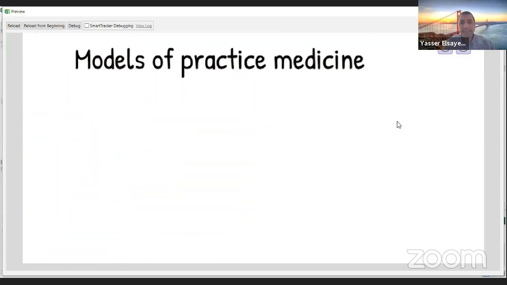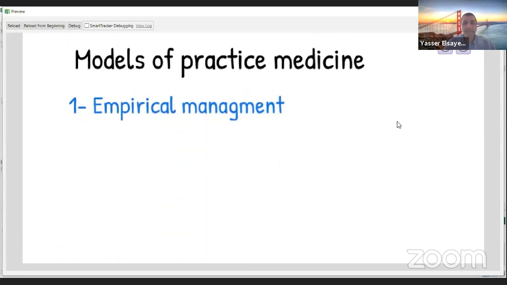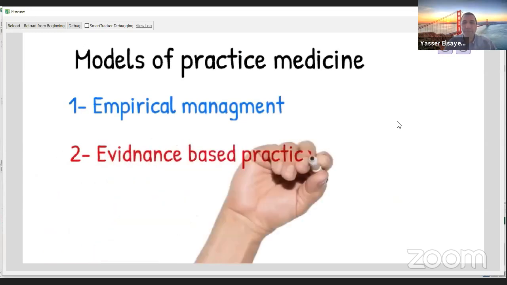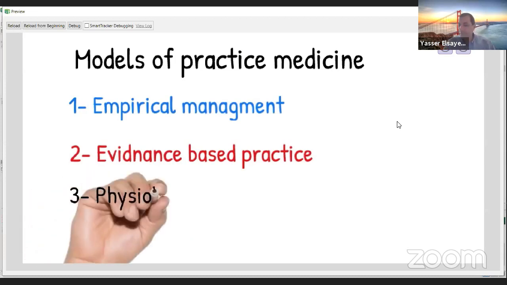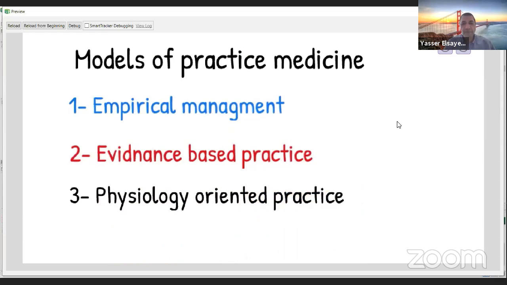So models of practice, we are talking now about a physiologic-oriented practice, but what are the models of practice? One of them is empirical management. Empirical means that you're assuming that everyone is the same and just consider one way of assessment and consider management based on that. And I will give you an example. The other example is evidence-based practice. And the third model is physiologic-oriented practice. And there is limitation for each one of them.